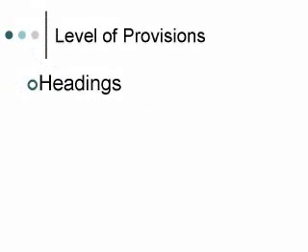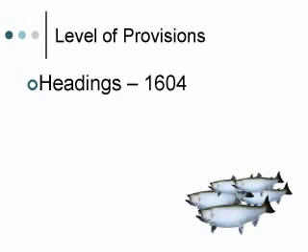As mentioned previously, and as I will probably mention throughout this presentation, the level of provisions has to do with headings and subheadings. The heading is assigned 4 digits and a description of a product. If we look at heading 1604 once again, we find that it is prepared or preserved fish. In our sardine example, we went to the 6-digit heading, .13.